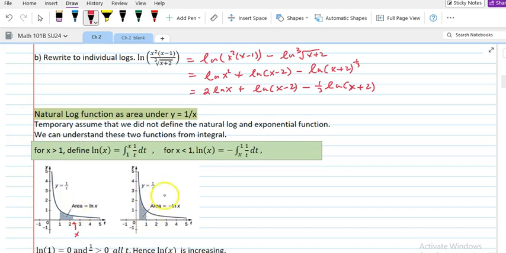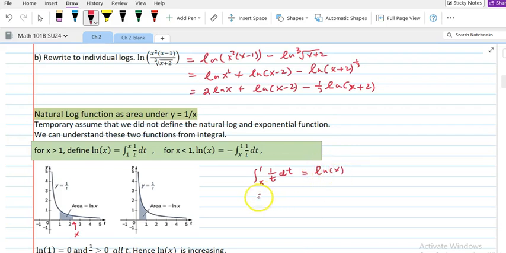But if x is less than 1, I can define it the same. I would say from x to 1, 1 over t dt is also negative ln x.